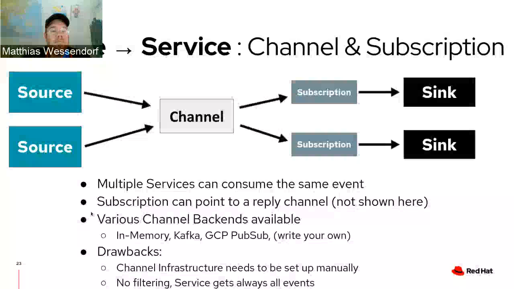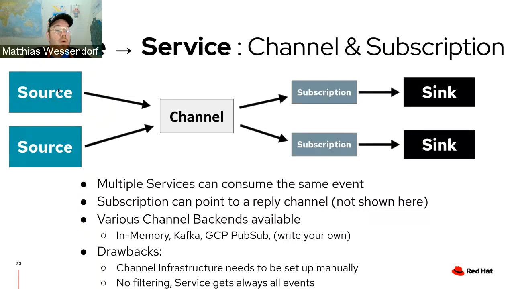So the next step is a little bit more flexible. The source to service delivery is now done through the concept of a channel, which is basically an abstract mechanism for receiving data and then delivering data, but on different principles. So multiple services can consume the same event with this one, and it's done through a subscription.